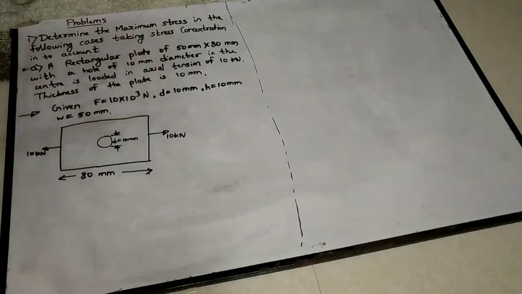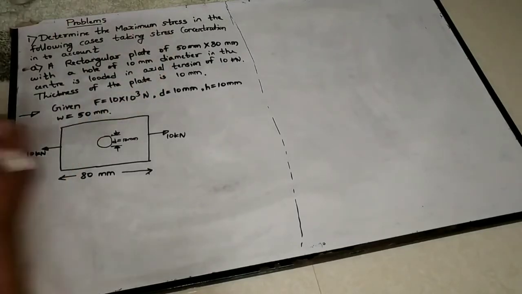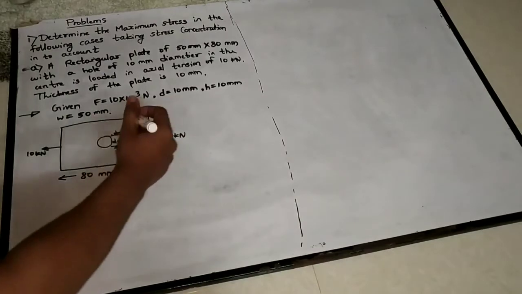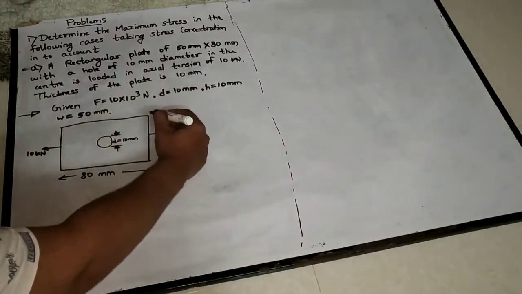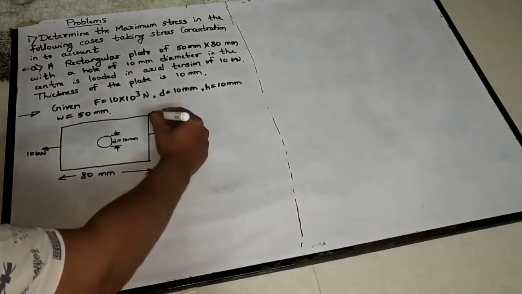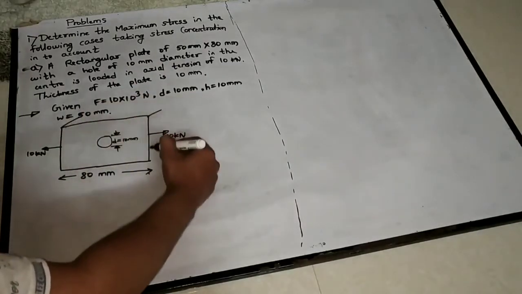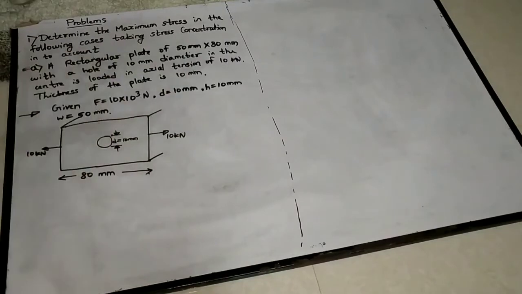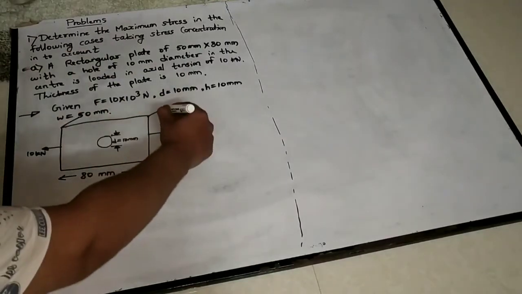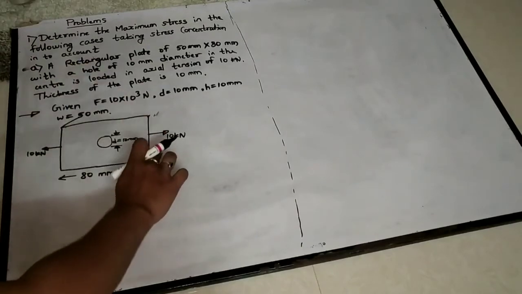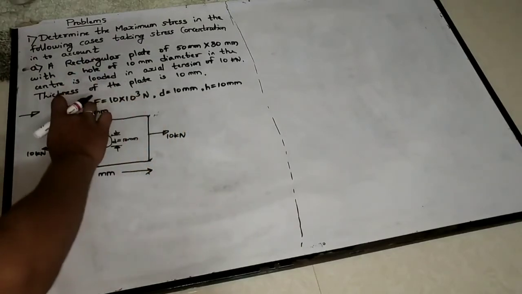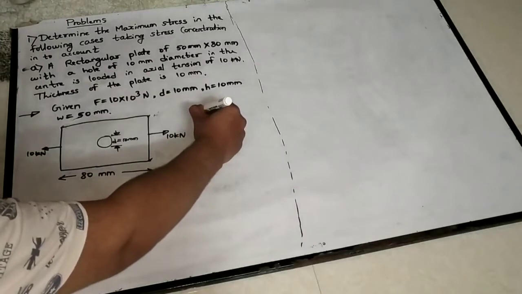Now what is this 50? 50 is the width. Now you have to understand this plate is having 3 dimensions, right? Something like this will be there. That 3-dimensional view I will not be showing, but that section I will be showing. What is that 50?